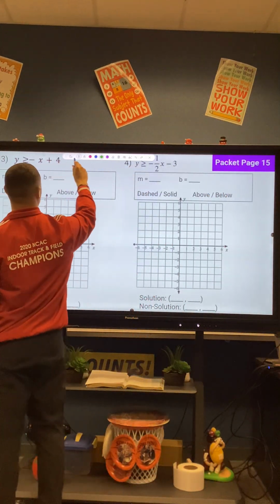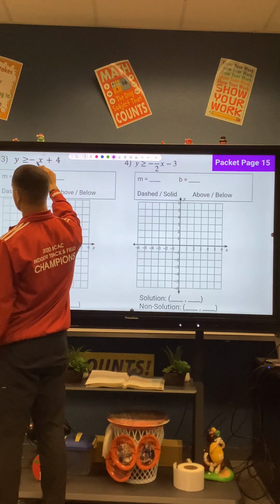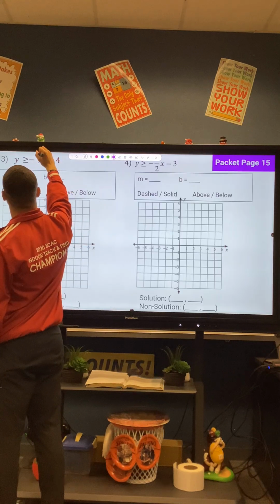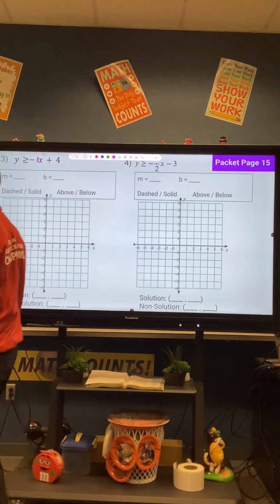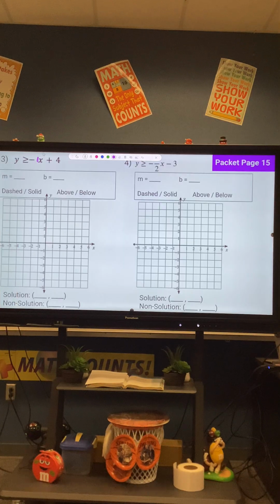So remember, for this, if I just see an X, draw one of them. So we have a 1 there. So what's my M value? Let me get your negative sign.